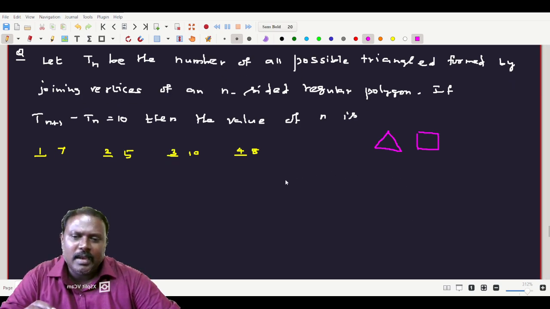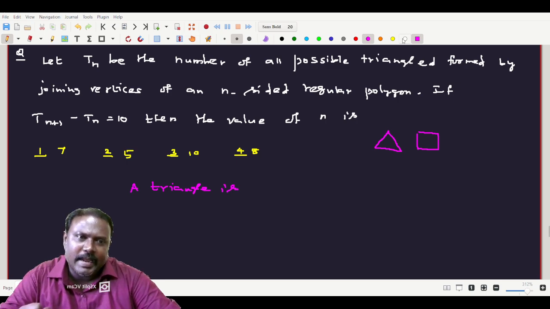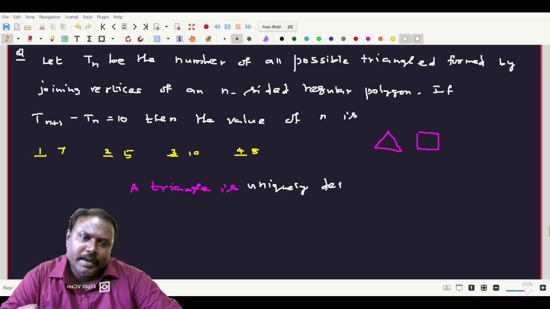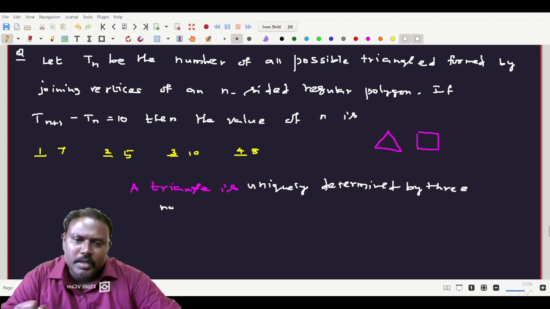One triangle can be created by taking 3 distinct points. A triangle is uniquely determined by three non-collinear points.